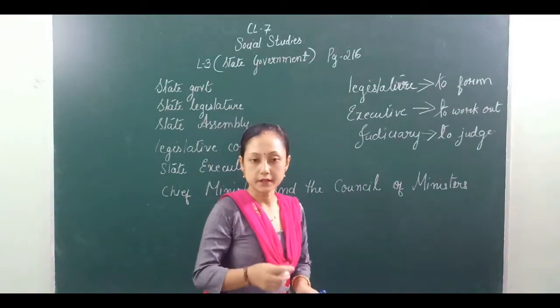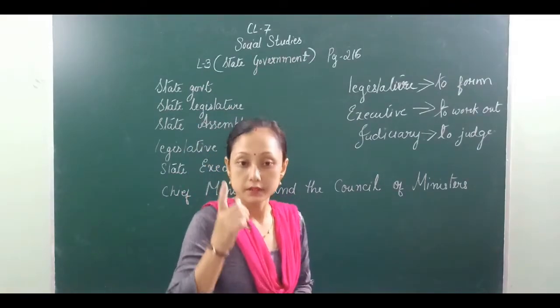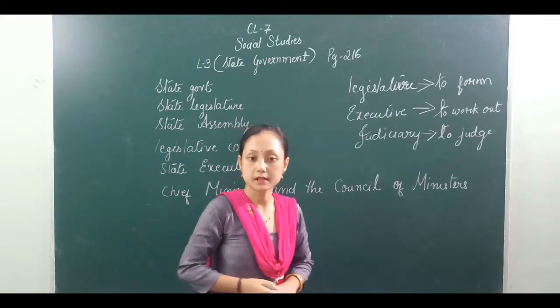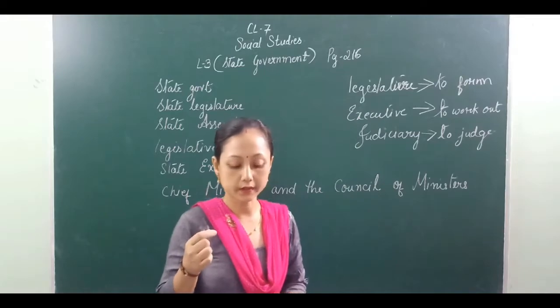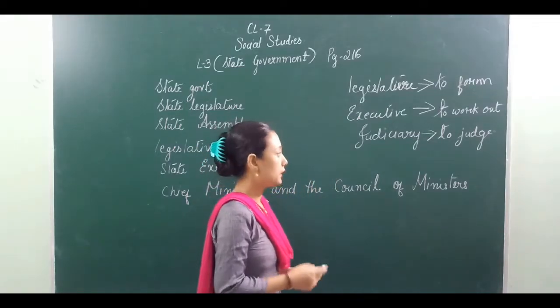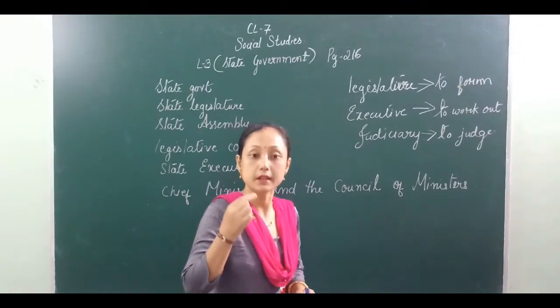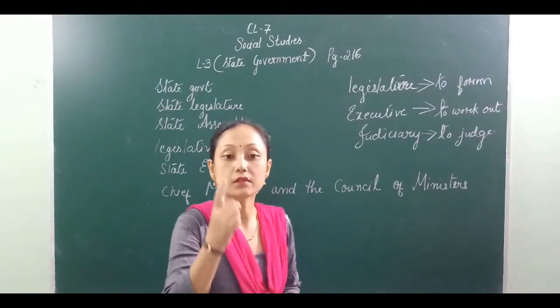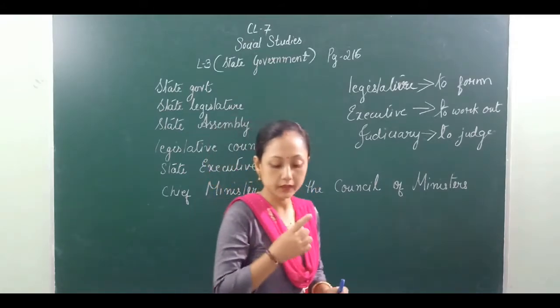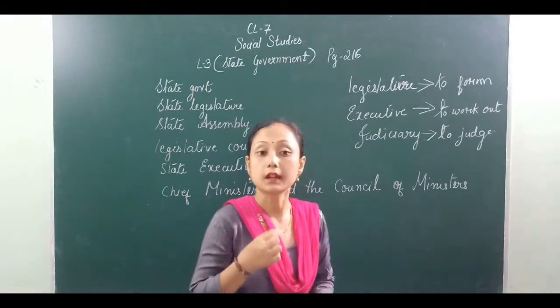Now, in a bicameral legislature, we find that there are two houses. One is the Legislative Council and another one is the Legislative Assembly. In the unicameral legislature, we find that there is only one house, and that house is the Legislative Assembly.